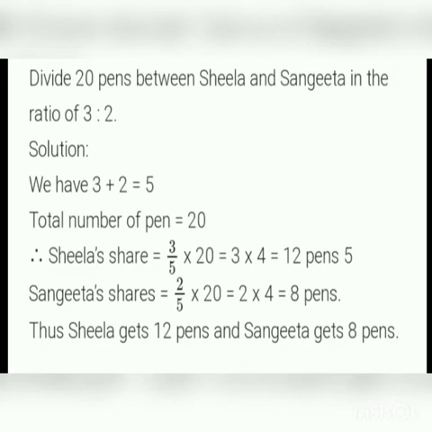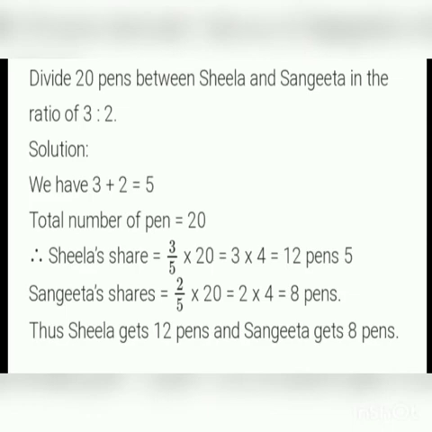This 3:2 means Sheila and Sangeeta is given, isn't it? So out of this 3:2, Sheila should get 3 parts and Sangeeta should get 2 parts. That is the meaning of this 3:2. They have given the ratio, means in that ratio itself we have to divide. What is the ratio? 3:2 is the ratio. So that 3 corresponds to Sheila and 2 corresponds to Sangeeta.